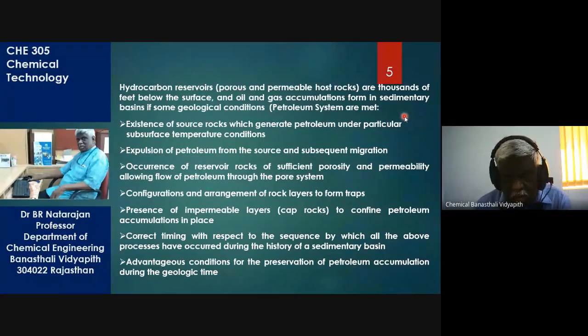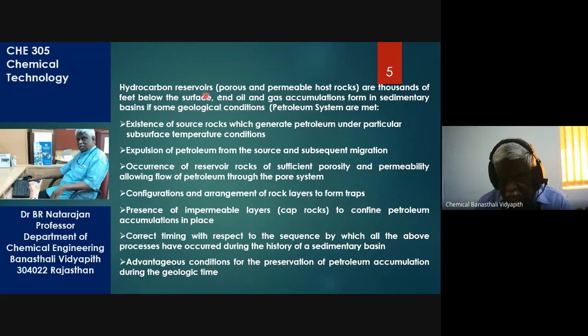Okay, now sedimentary basin, sedimentary rocks. Let's see some of the components of the petroleum system. If these conditions are met, there is the existence of source rocks which generate petroleum under particular subsurface temperature conditions.